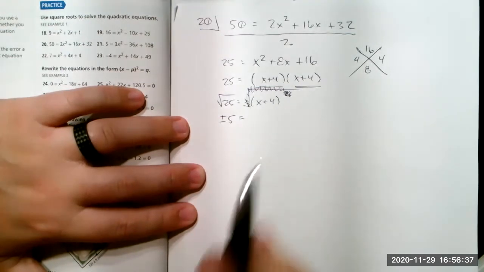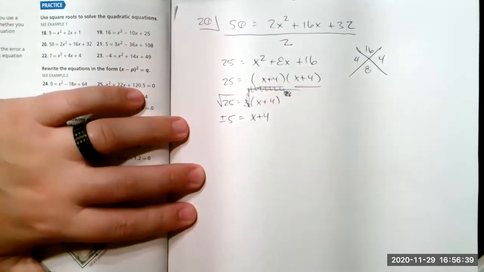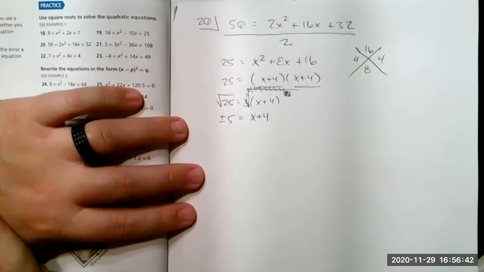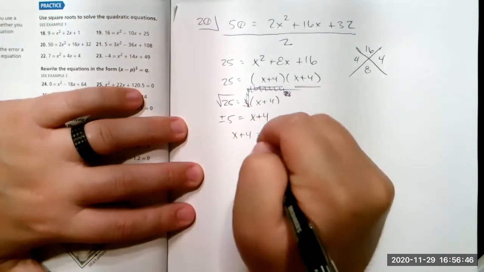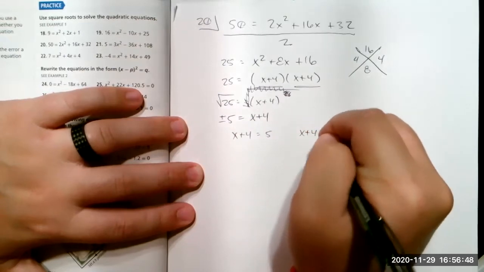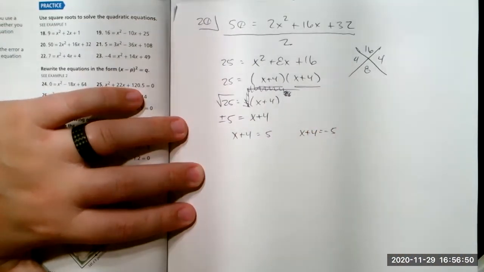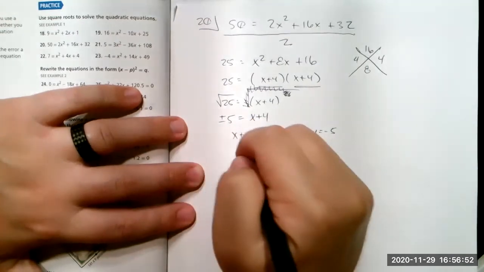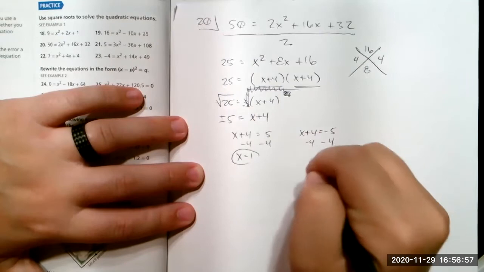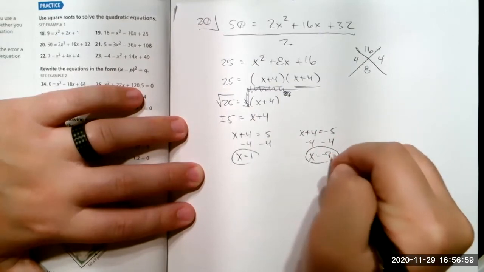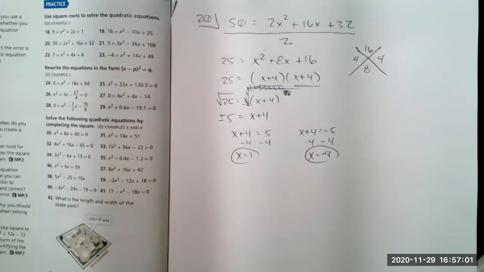So all you're left with is just that x plus 4. That's it. So to solve, I'm going to take x plus 4 and set it equal to +5. I'll also take x plus 4 and set it equal to -5. Do the math. And then those are my two answers.